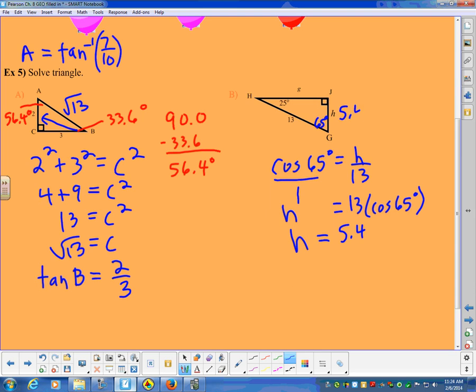Okay, now you have choices for G. What are your 2 choices? Well, it's going to be close to 12, because it's close to 5, 12, 13. You could use the Pythagorean theorem to get G, or if I'm staying at the 65-degree angle, what is G?